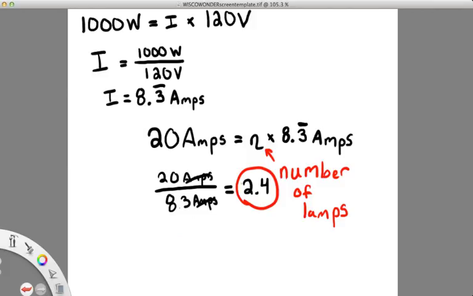It's got to be some whole number of lamps on either side of 2 and 3. So it's got to be 2 lamps, because 2.4 is the max amount of lamps you could have theoretically, but it's got to be a whole number. So you can only have 2 whole lamps.